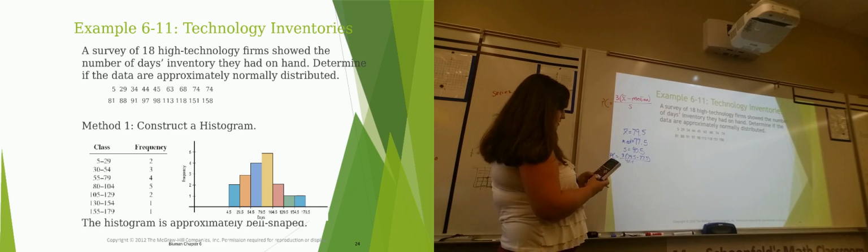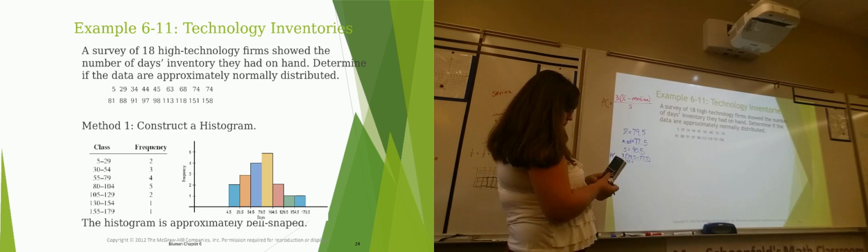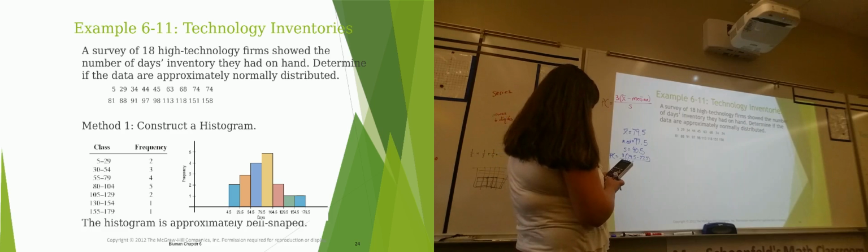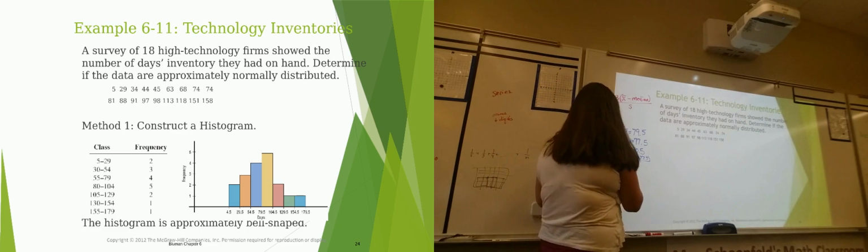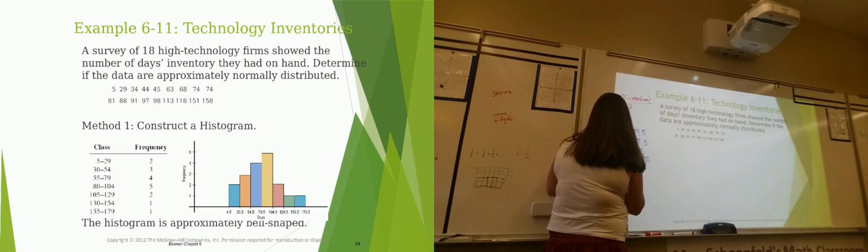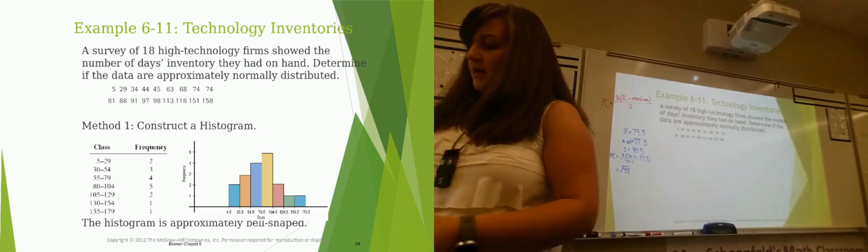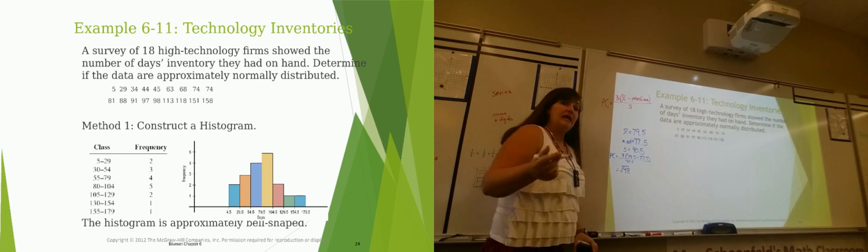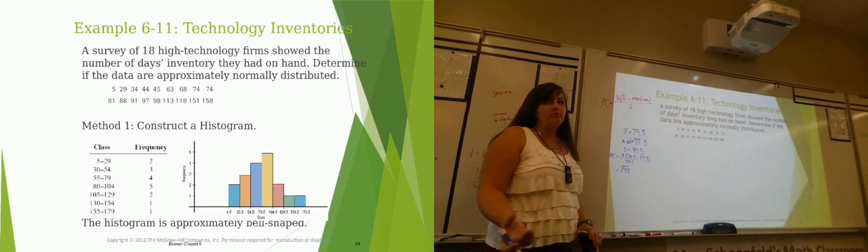Nice, because they're all 0.5s. 0.148, and that looks like it repeats forever. Okay, what this number tells us is if it's between -1 and 1, it's approximately normal.